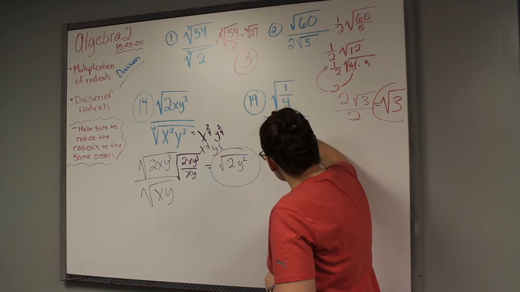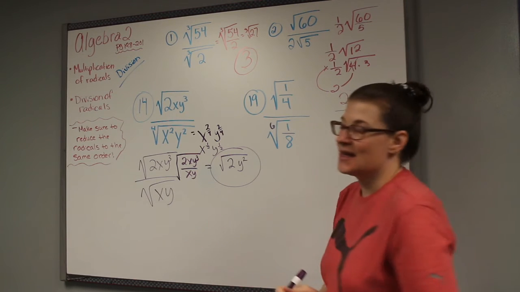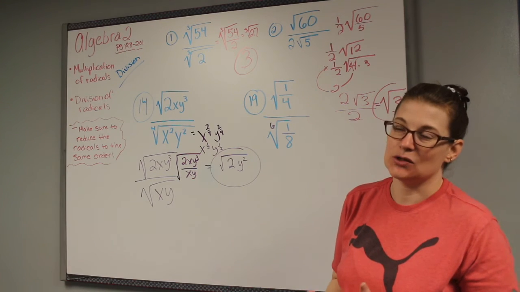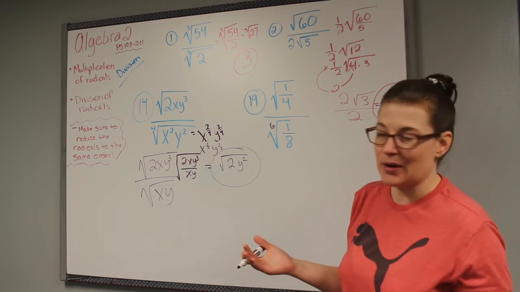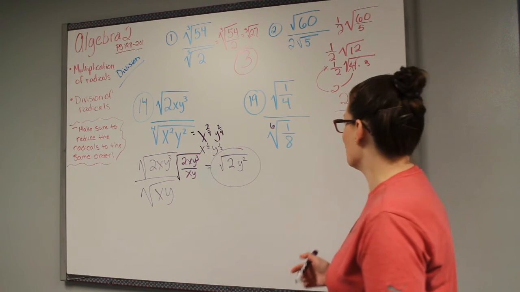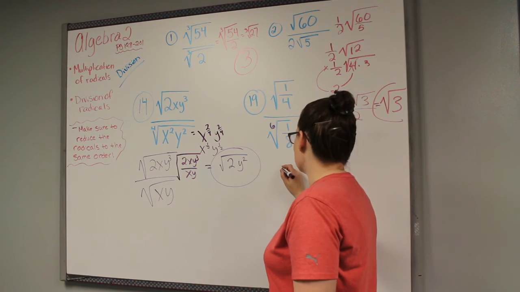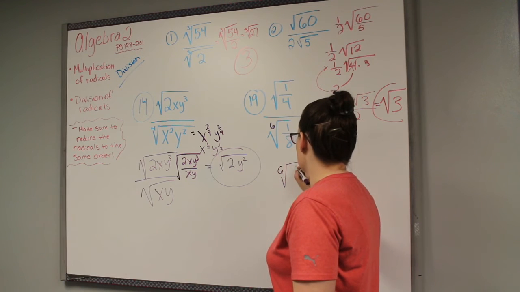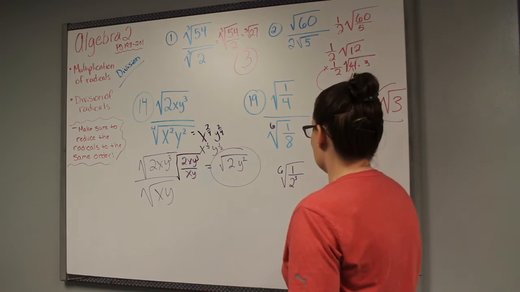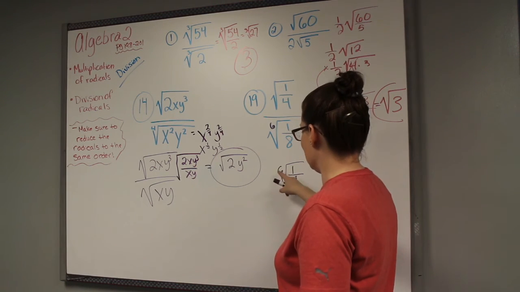I need things that are multiples of 6 or 3, something that will go into a 6. I know 8 is a perfect cube. I could write this as 2 cubed. That's still 8. 2 cubed is still 8, all right?